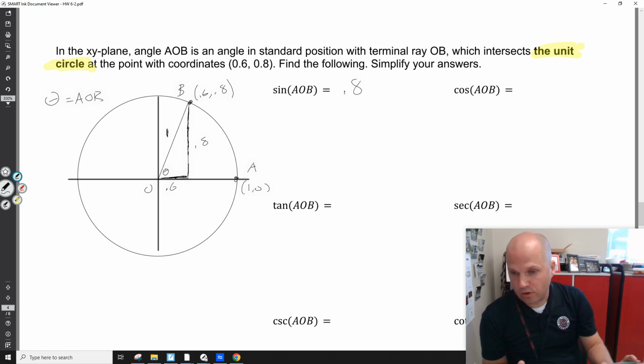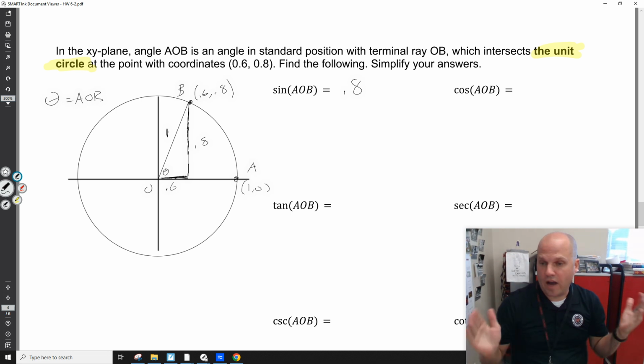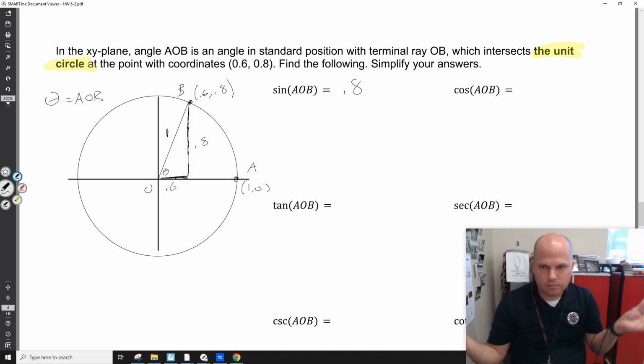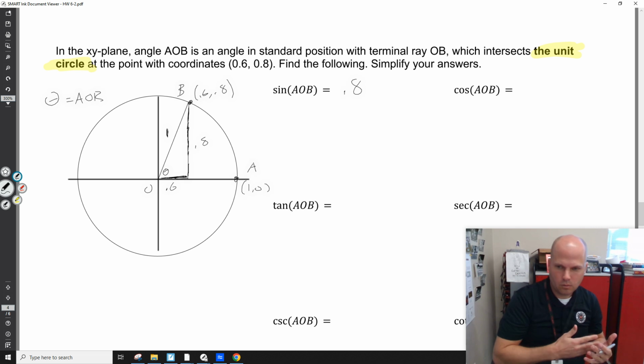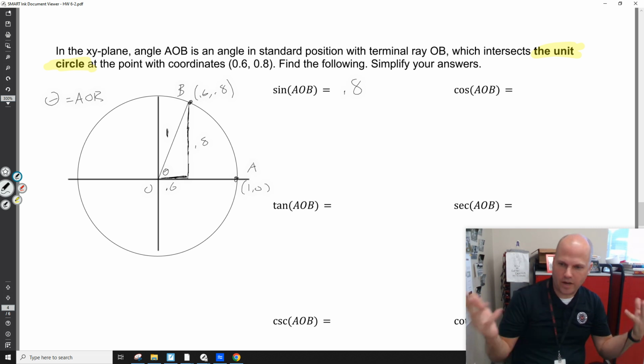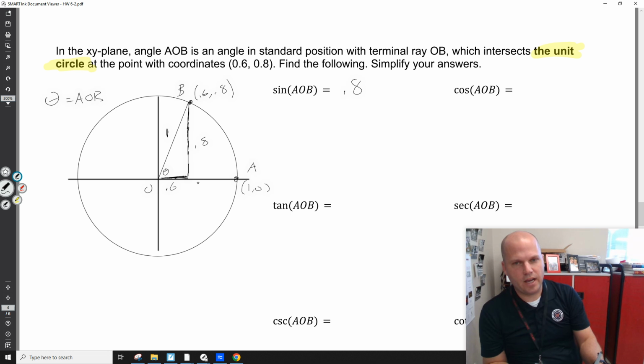What's great is whenever we have a unit circle, we're dividing by 1. So we don't have to worry about the hypotenuse necessarily. We just have the opposite over 1, the adjacent over 1. Dividing by 1 doesn't change it. So cosine, and maybe I'll just show it to really drive it home. When you're dividing by 1, nothing changes.